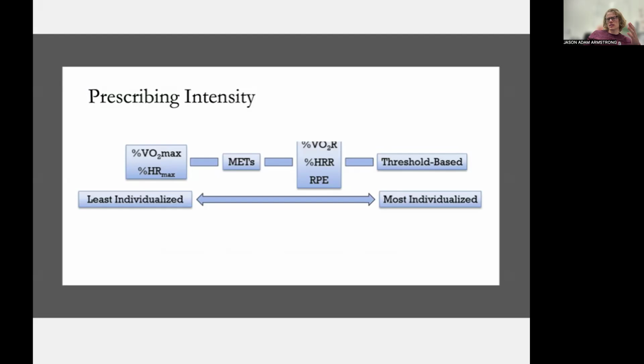So actually, if we individualize programs based on thresholds, one of our old professors who used to work here did a study that was threshold based and they found no non-responders. Whereas in many studies, we find if we give everyone the same protocol, we have some people who don't respond and some people who respond really well to a given intervention. But if it's more individualized, we typically see that everyone does respond.